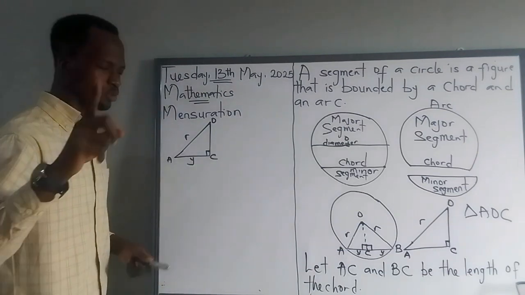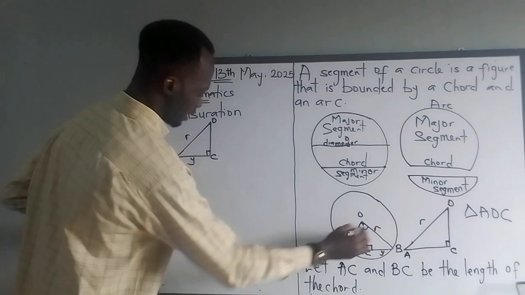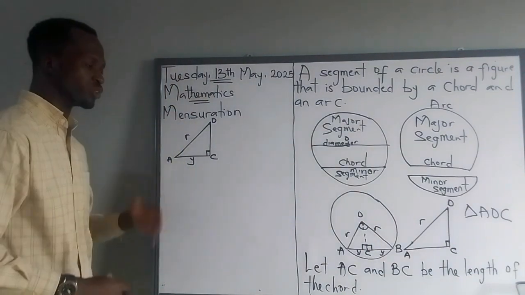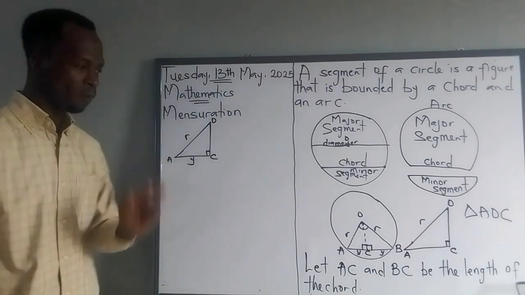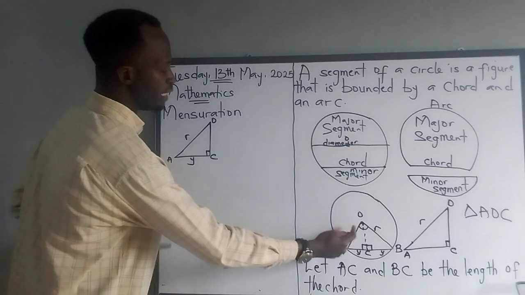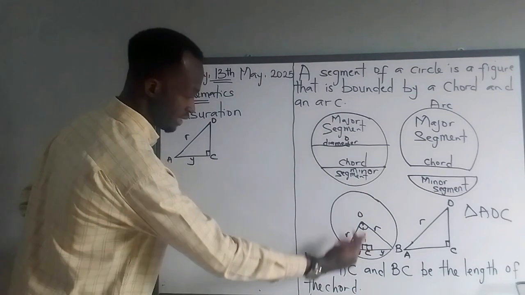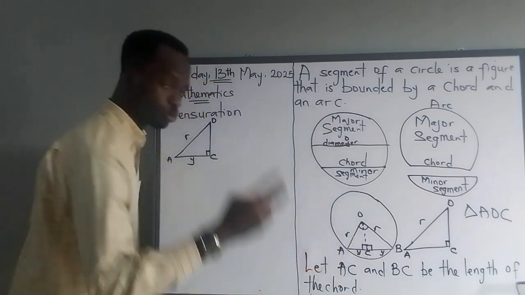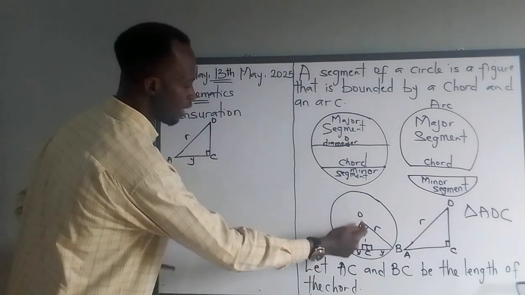Now there is something else to take note of, which is the angle subtended at the center of the circle. Before now, we've seen that the angle subtended at the center of the circle is theta. Because of the perpendicular bisector, which divides the chord into two equal halves, it also divides the angle at the center.